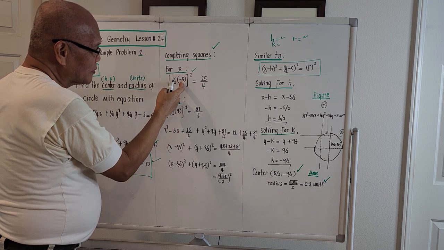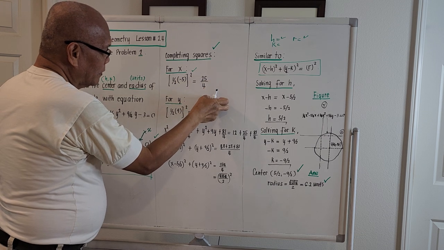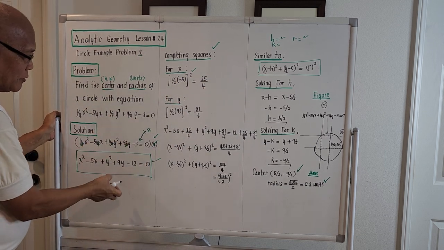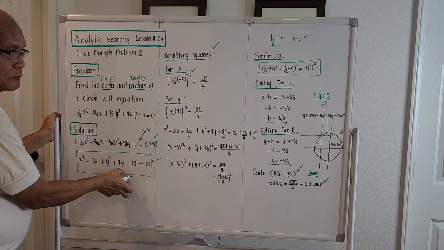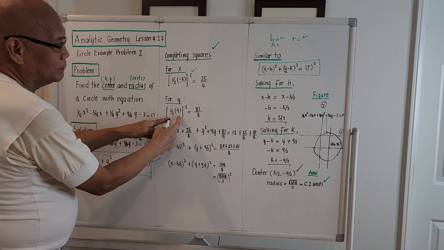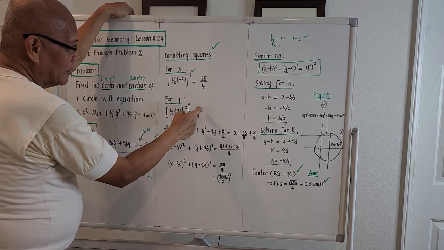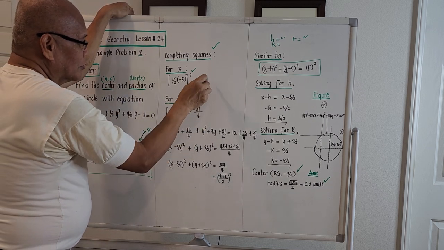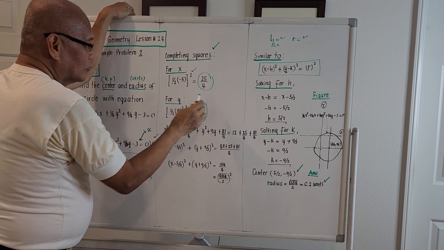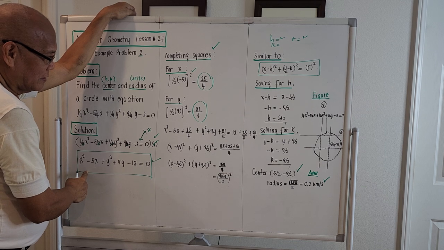So this will be minus 5 halves squared, so 25 over 4. For y, we take the coefficient of the y term, which is 9. We take 1/2, and square it, so it will become 81 over 4. So these are the needed constants to complete the squares for x and for y.